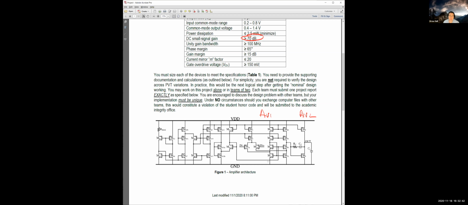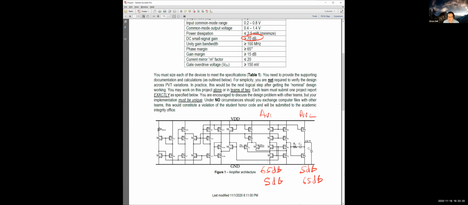Part of the reason that I have you do a lot of design problems in this class is, 1, to get you familiar with the technology, 2, to get you familiar with Cadence, but 3, to give you a sense of what's possible, right? A simple thought experiment: you might think that it's a good idea to get 65 dB from this stage and 5 dB from the second stage. Alternatively, maybe you only want to get 5 dB here and 65 dB from the output stage.